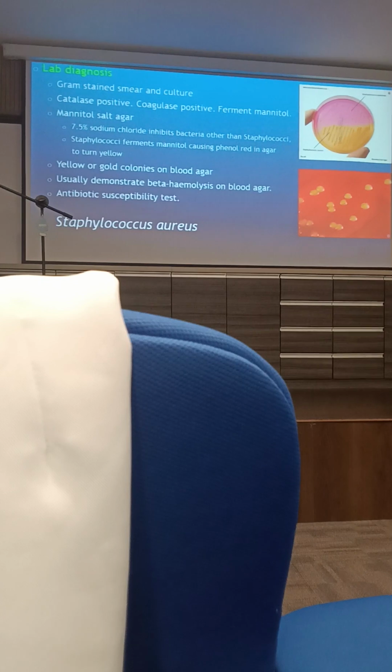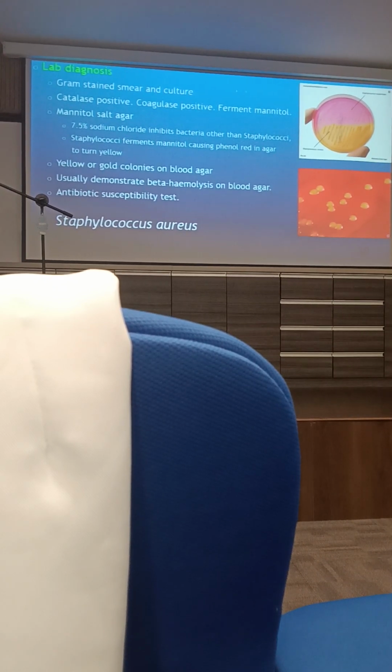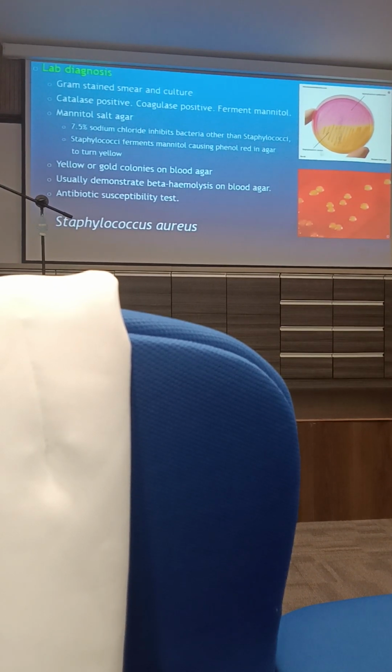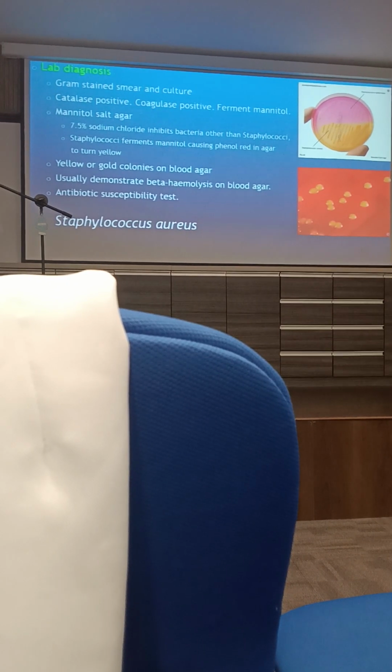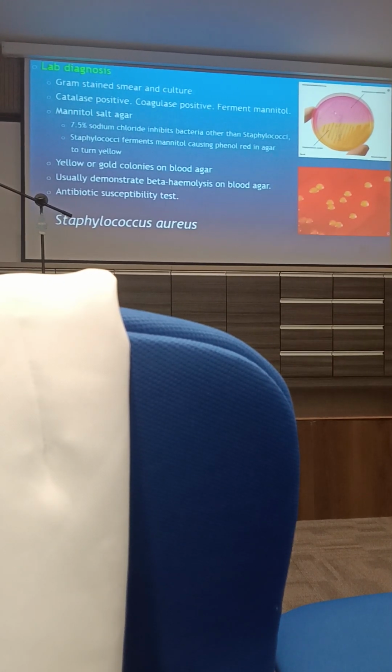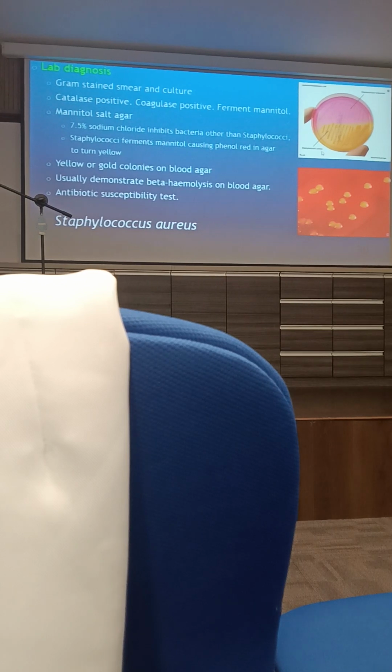So how is Staphylococcus aureus diagnosed? All those that I mentioned earlier: catalase positive, coagulase positive, and it ferments mannitol. This is a mannitol salt agar, where Staphylococcus epidermidis is grown on one half along with Staphylococcus aureus on the other half. Staph aureus ferments mannitol.